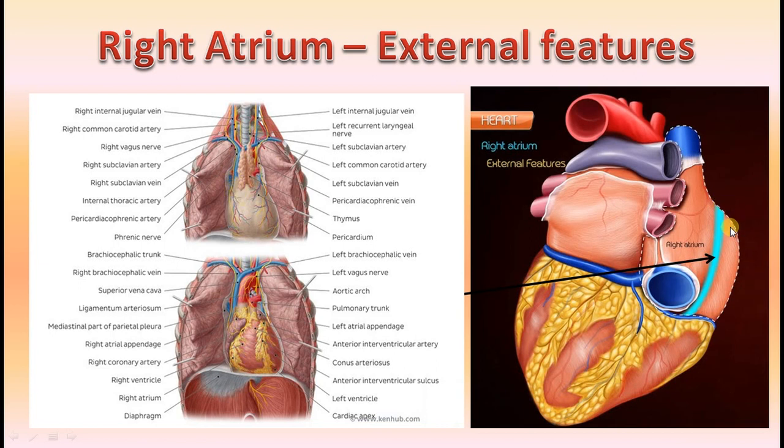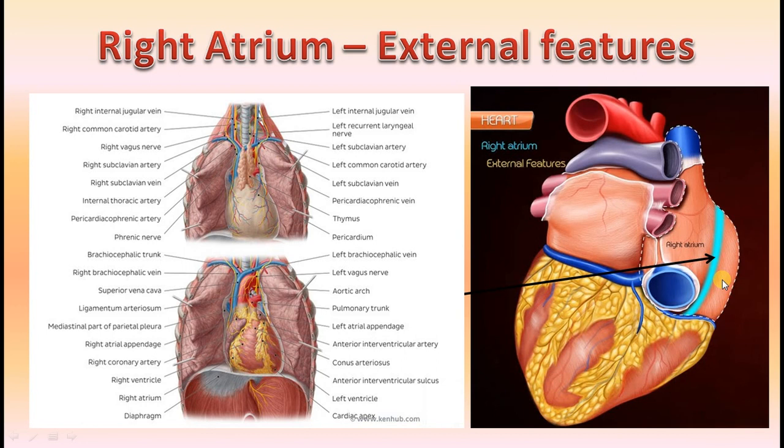It forms the whole of the right border of the heart and one third of the base of the heart. The whole base, two thirds is by the left atrium, and one third of the base of the heart is contributed by the right atrium.